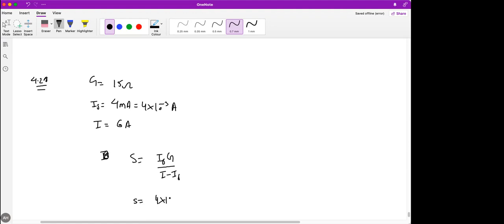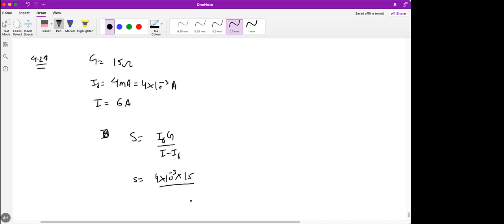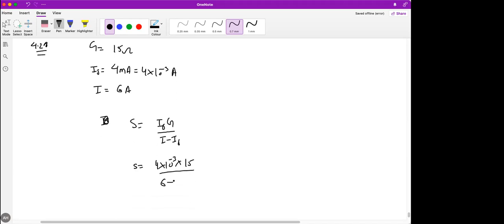Ig is 4 into 10 raised to the power minus 3, G is 15, I is 6. So that's 60 into 10 raised to the power minus 3 divided by 6 minus 0.004, which is 5.996.